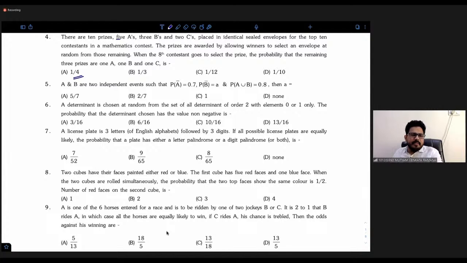Aditya, what is that symbol you are showing? Where am I missing 5 A's, 3 B's, 2 C's, 7 people. Okay, I'm just working on it. You do the 5th, 6th, 7th.